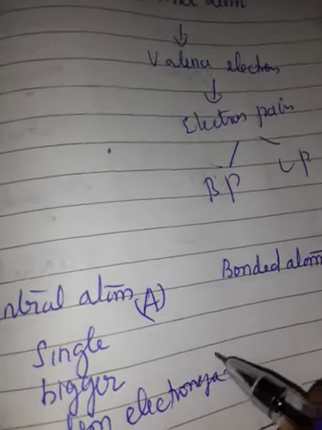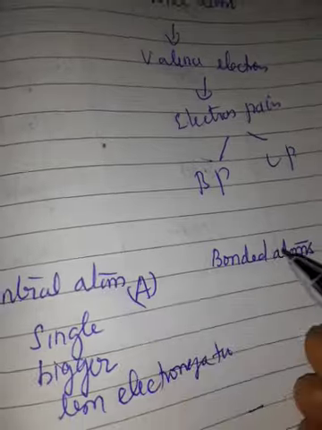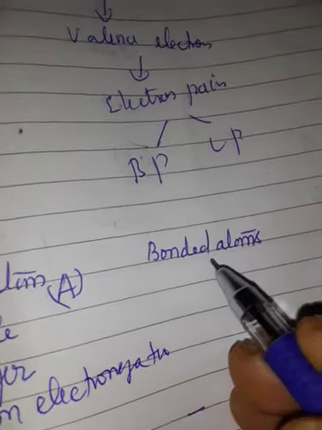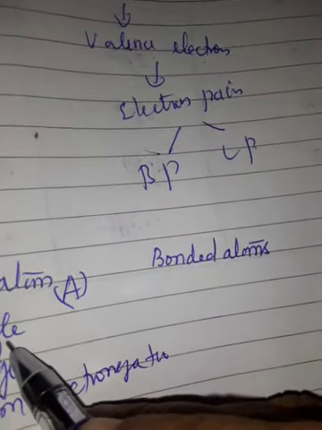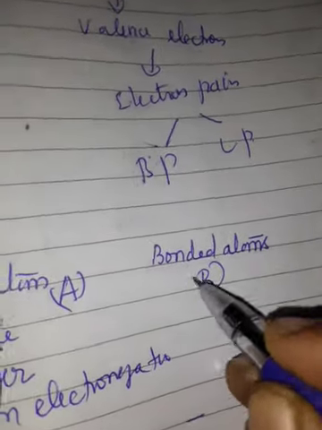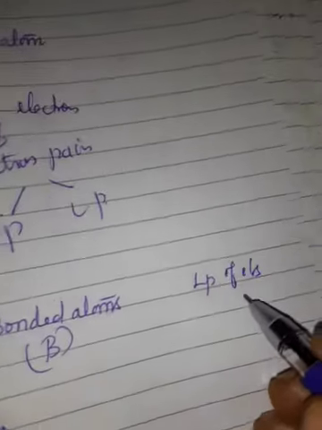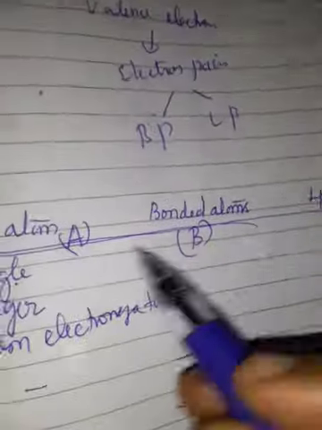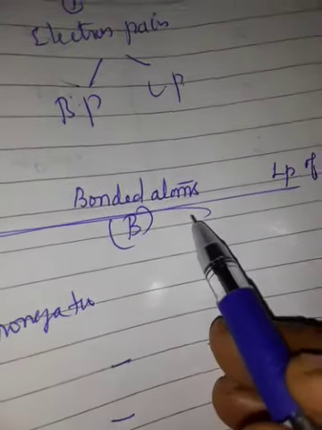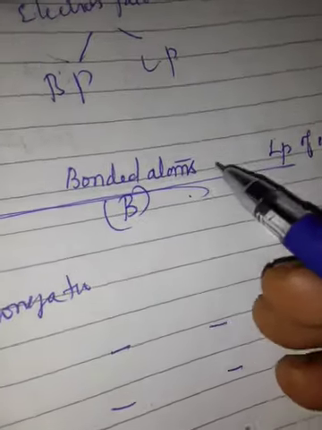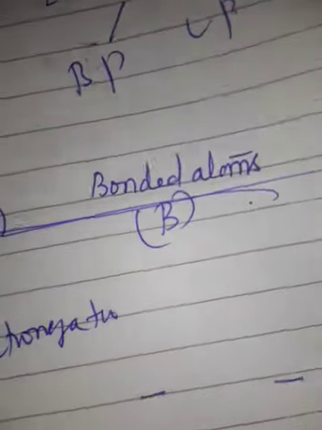Then the atoms bonding with the central atom are kept as B. Then the lone pair of electrons. These three are important: central atom, bonded atom, lone pair.